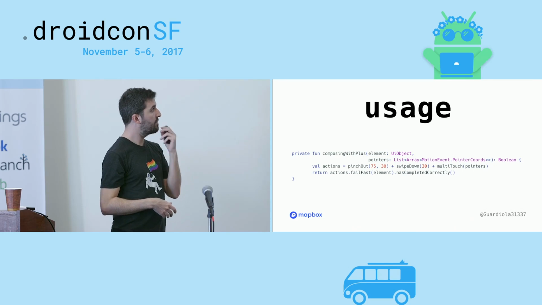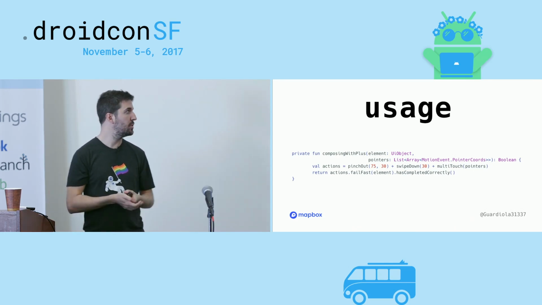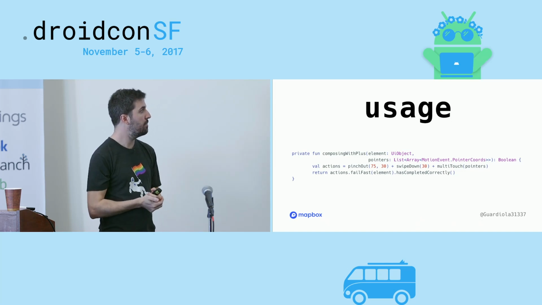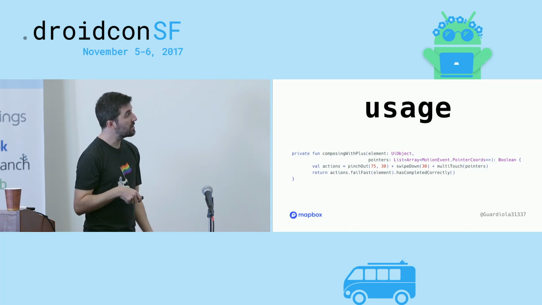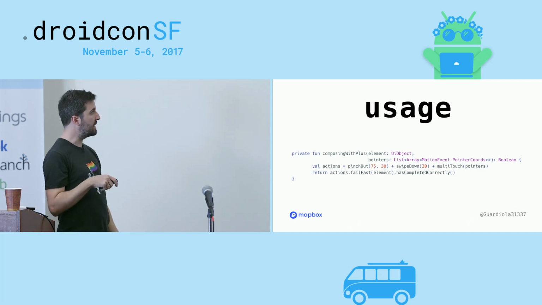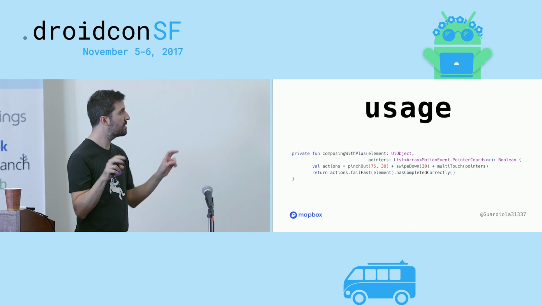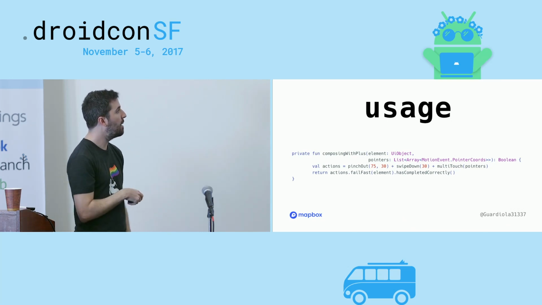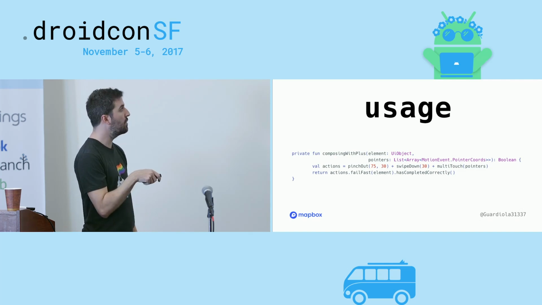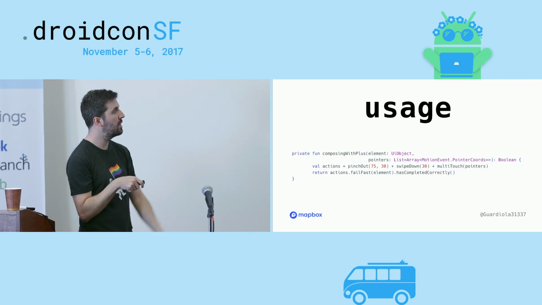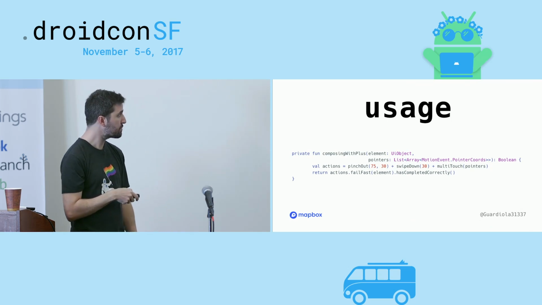Again, for example, you know that you are able to overload some operators in Kotlin. So in order to make this DSL more functional, I overloaded the plus operator, and now you can also compose the actions using the plus operator.